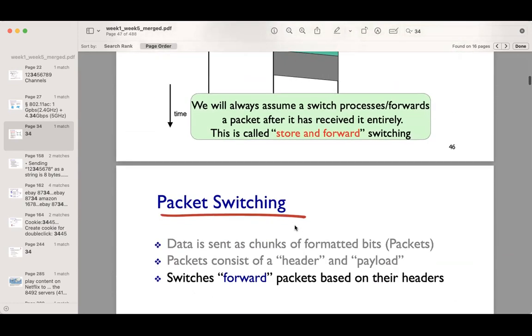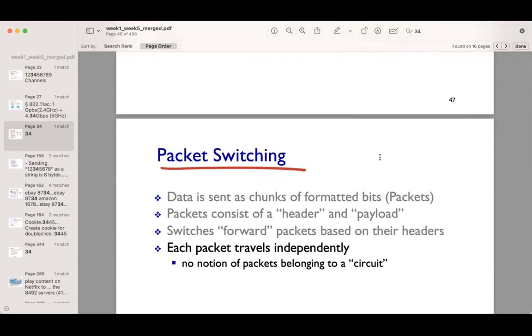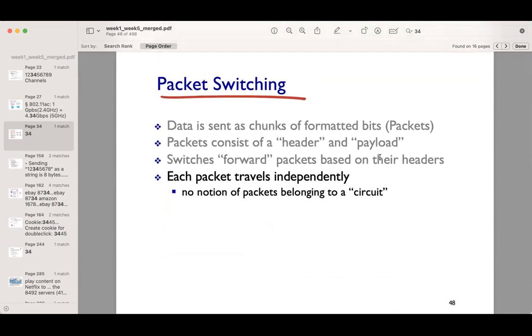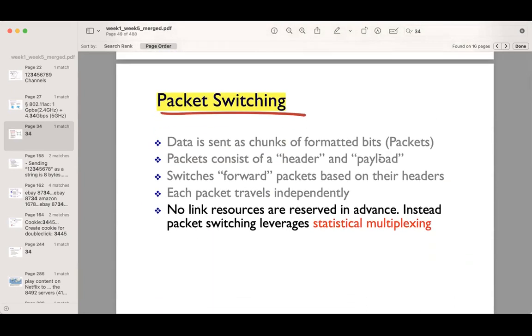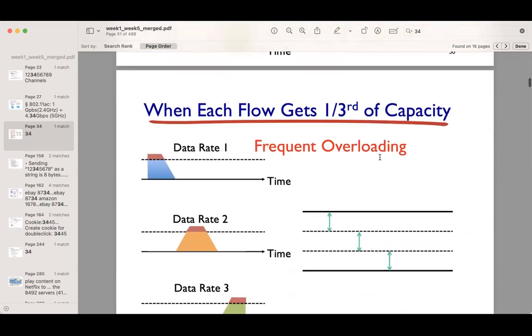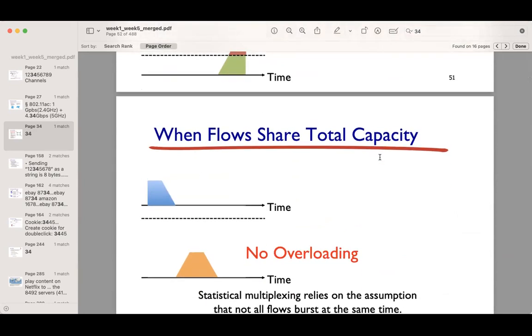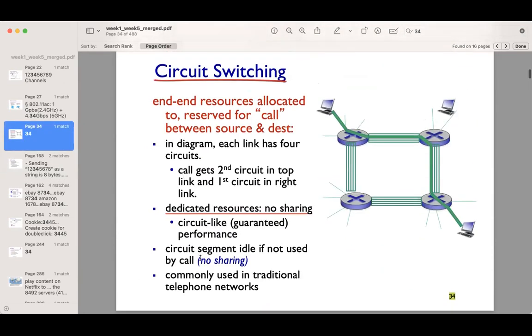Let me try to find it, yeah, it's in here. So we forward the packets, and we also share the internet connection. So what's the answer now? You should be able to find the answer in here: no sharing.